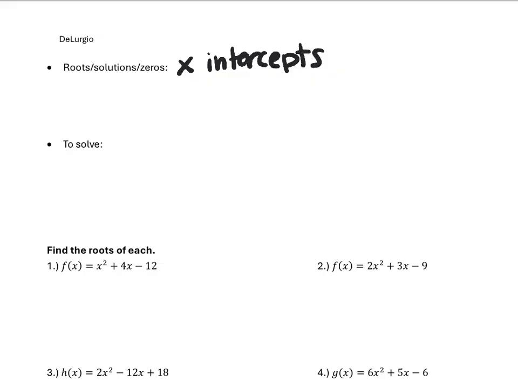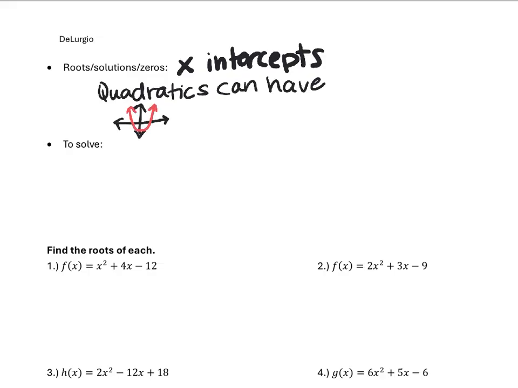So quadratics can have either two solutions, which would look like this. So two places where it crosses the x-axis.